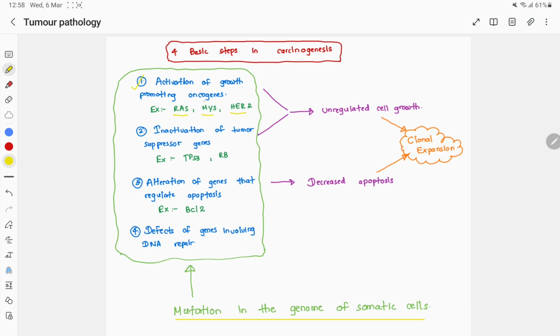The action of these oncogenes is unregulated cell growth. When these oncogenes are present, there is unregulated cell growth. Actually they promote cell growth.